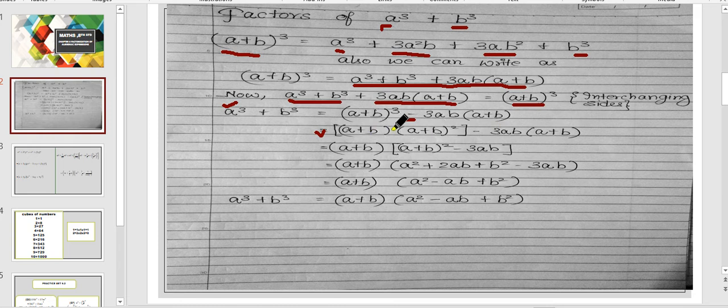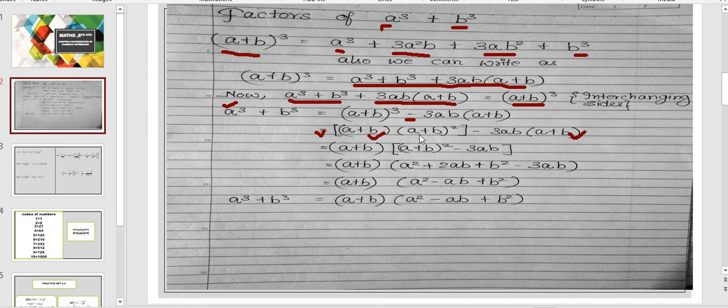They have written it in another form, a plus b the bracket into a plus b whole square, right? After that the minus sign will be the same, 3ab a plus b, this term will be as it is in the steps, right? After this, a plus b in a bracket, they have taken as common, a plus b will be here also and here also.